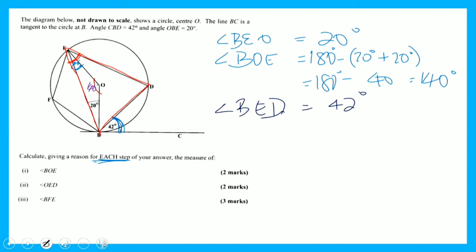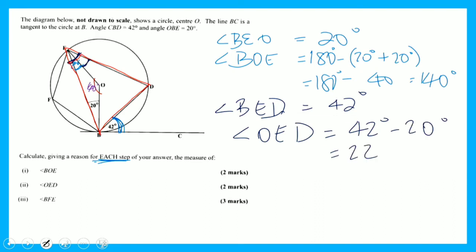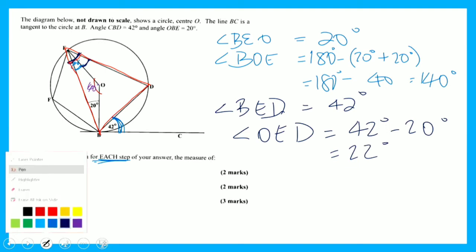All right, you show that 42 and then you say, you know then that angle OED is equal to the entire 42 degrees. All of this angle right here that I just placed in navy blue, all right, minus 20 degrees, that is going to give me this remaining portion that they're asking for, which is 22 degrees.